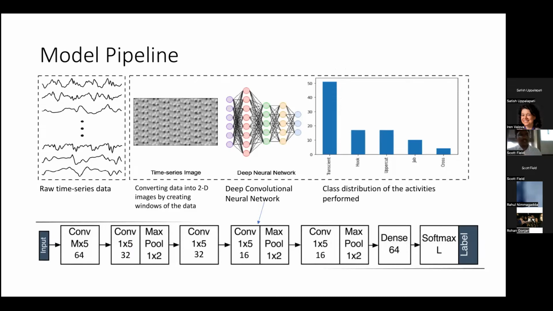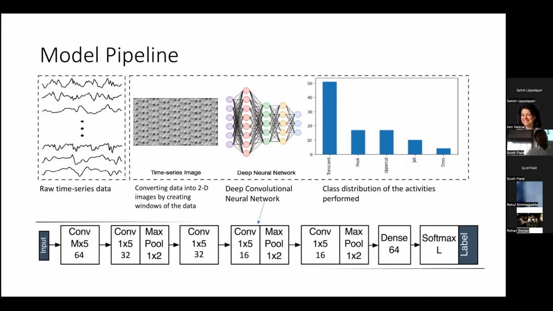Since this is built using a deep convolutional neural network, I converted the data into time series images by transposing the data and taking windows of the data of size 64. I chose 64 because my polling rate for the sensor was around 100 hertz.